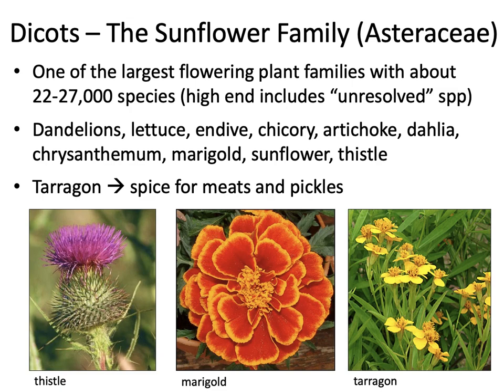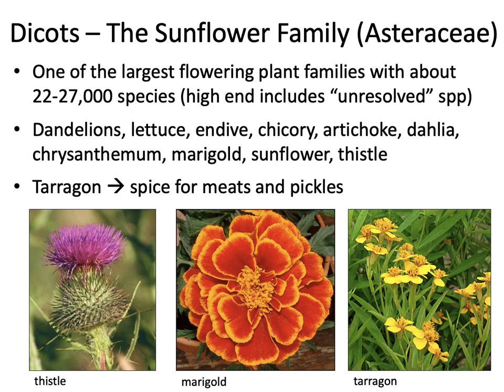Next up is the sunflower family, the so-called Asteraceae. This is one of the largest flowering plant families in the world, with 22 to 27,000 species, and the high end includes currently unresolved species on the Tree of Life.